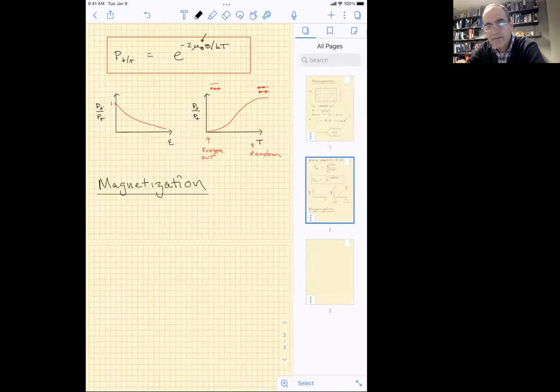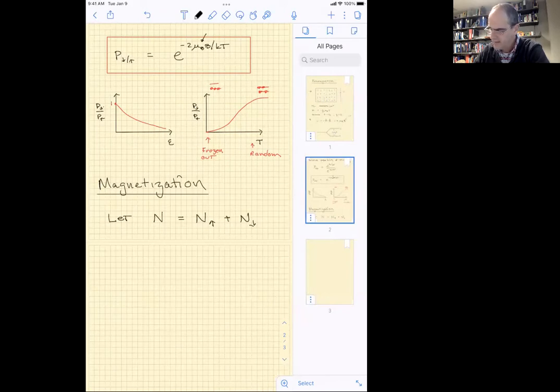Now, let's try and describe how the magnetization of such a system would depend on temperature. So to begin with, let's assume that the total number of magnetic moments is N, and that N, of course, will be just the sum of the number which are spin up and the number which are spin down. And we'll suppose that this is a large number.